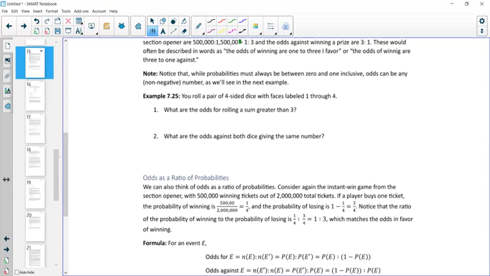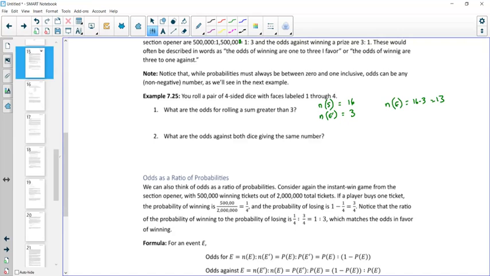Well, if you recall, the number of equally likely outcomes in the sample space was 16, and the number of equally likely outcomes in the complement was 3, which means the number of outcomes in E is 16 minus 3, or 13.